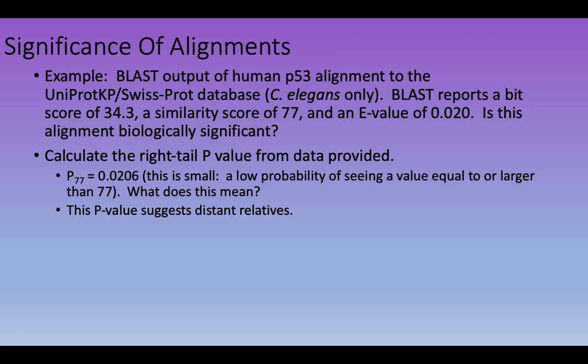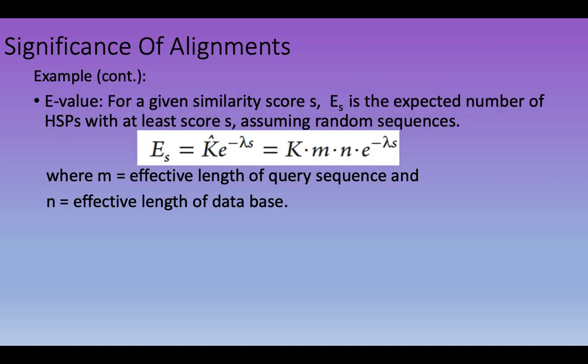I think it would suggest that we have a sequence here that we might assign to be one of a distant relative. Now that p-value is not exactly the same thing as the e-value, that 0.20 value, and that value is calculated slightly differently. It's calculated using that similarity score S, and then we have E, which stands for the expected number of high-scoring segment pairs for each score of S, in this case for each score of 77.